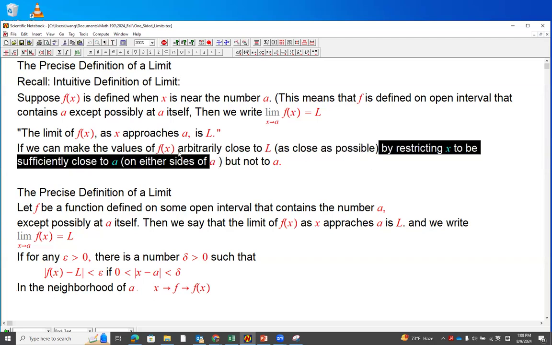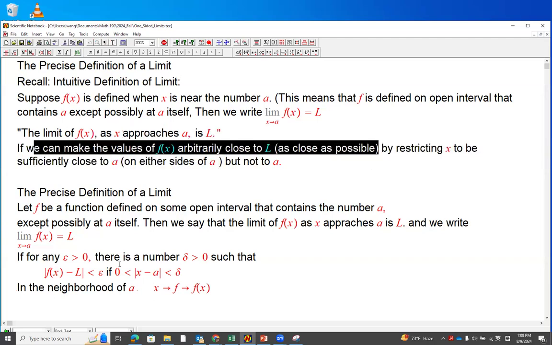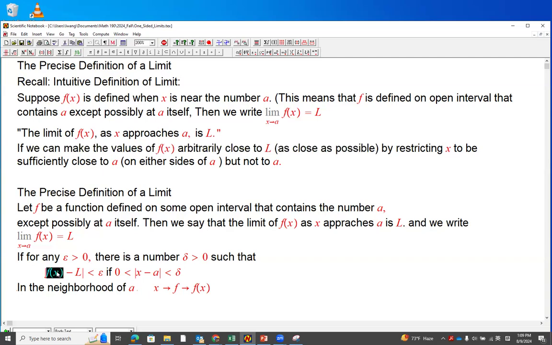We describe that by making the difference between the function and the limit L, in absolute value, less than any epsilon that is chosen.